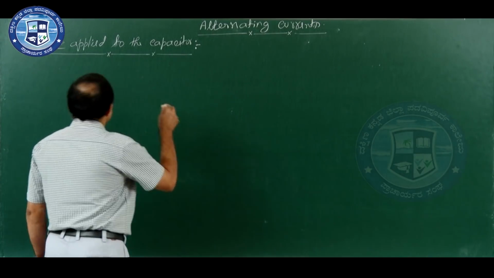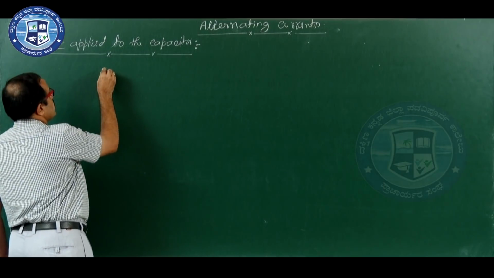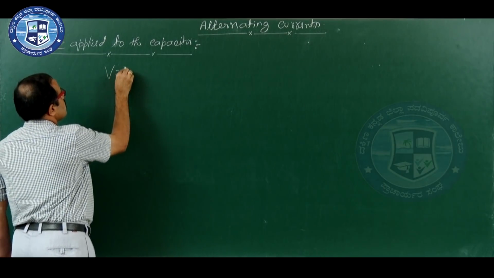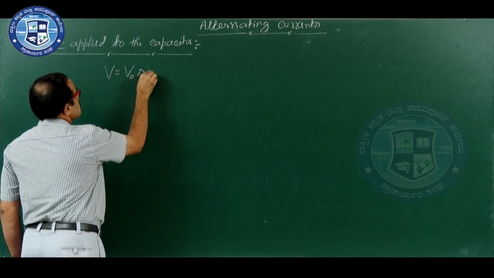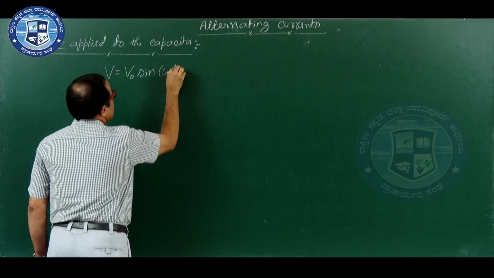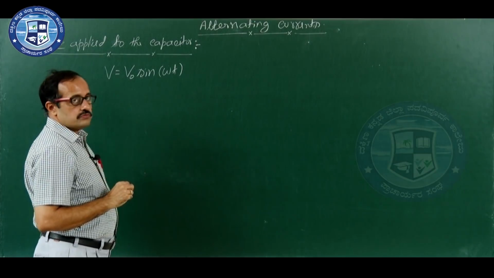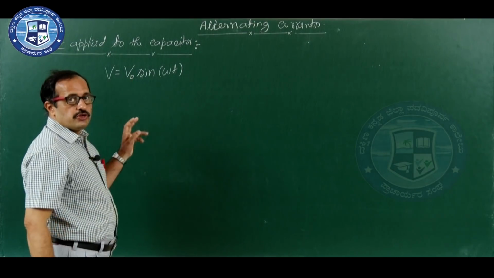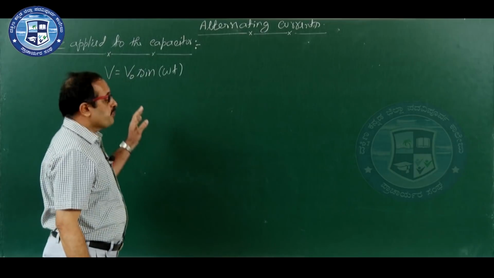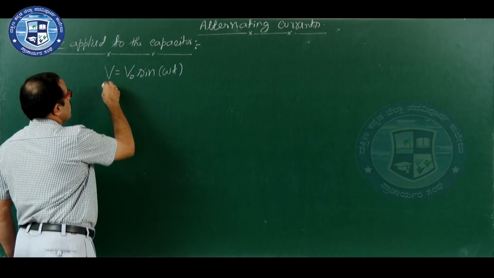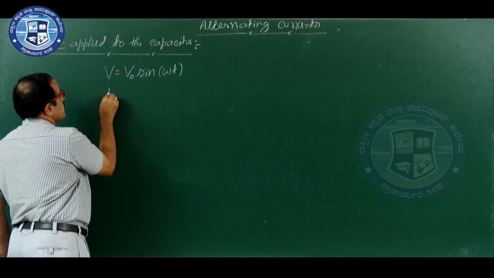Now, the equation for voltage is V equal to V naught sin omega t, where V naught is the amplitude or peak value of the voltage. And what is the equation for current through the capacitor?